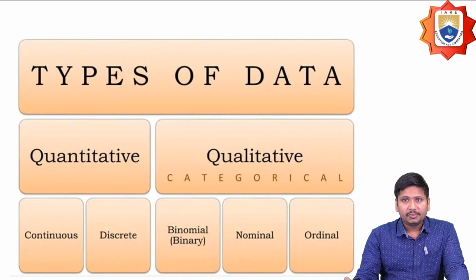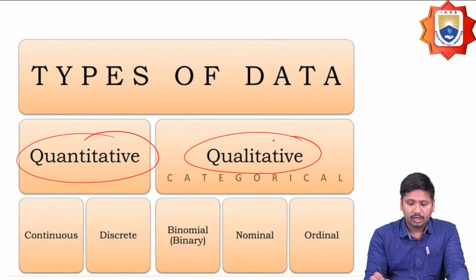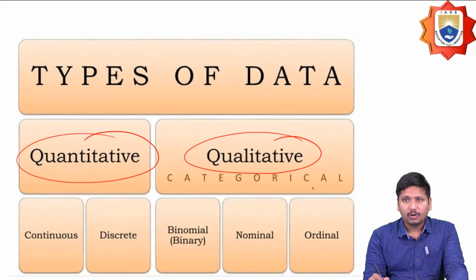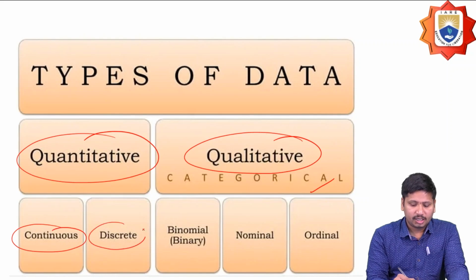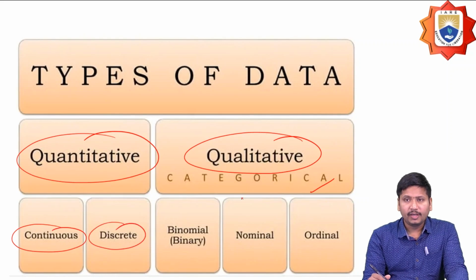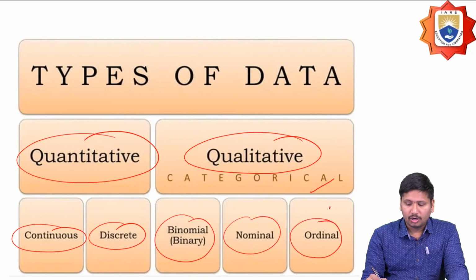Normally the data is of two types, quantitative data and qualitative data, which is also treated as categorical. Quantitative data is of the type discrete and continuous, whereas qualitative data is binomial, nominal, and ordinal.